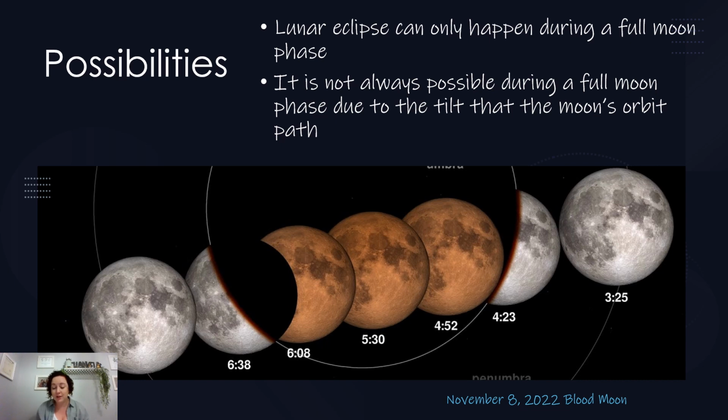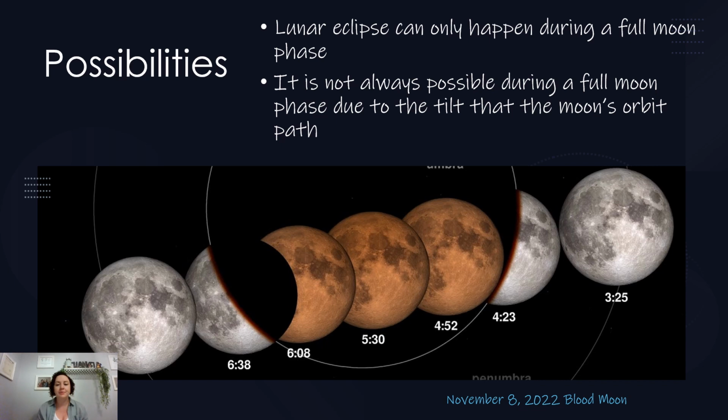But it covers a wide range. I want to say this is probably mid-Montana all the way to Japan, which gets the entire eclipse visibility. So you can see that that's a big deal. And again, it has a lot to do with how large the Earth is in comparison to the moon.